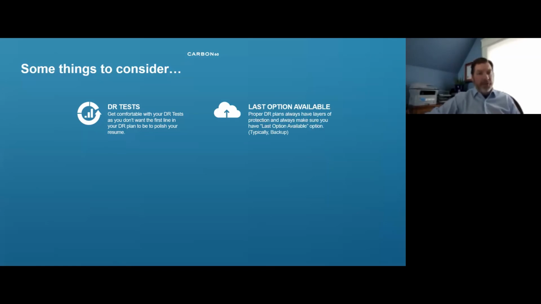The next thing I've learned in my career is that a proper DR plan always needs to have a last option available. What that means is, if you look at the tiers, 0 through 2, when we defined our RPOs and RTOs, typically the last tier, anything with a 24-hour or greater RPO and RTO, can often be satisfied with the backup solution.